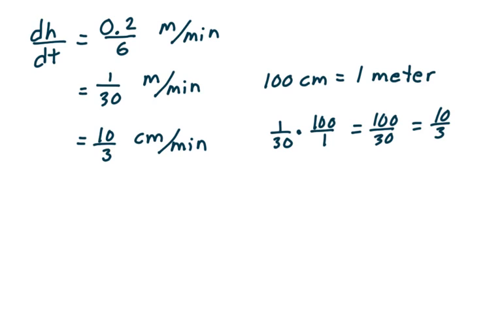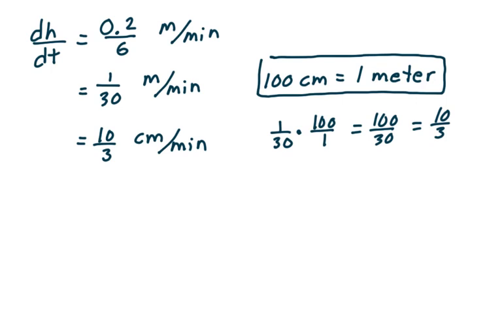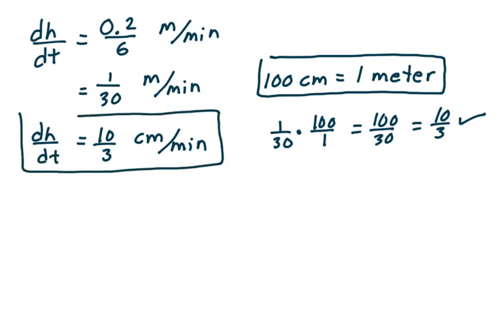Now, if we want this in centimeters per minute, which the book did, I can take 1 over 30 and multiply by 100 because 100 centimeters is the same as 1 meter. So 1 over 30 times 100 over 1 is the same as 100 over 30, which is equal to 10/3. And so dH/dt is the same as 10/3 centimeters per minute.